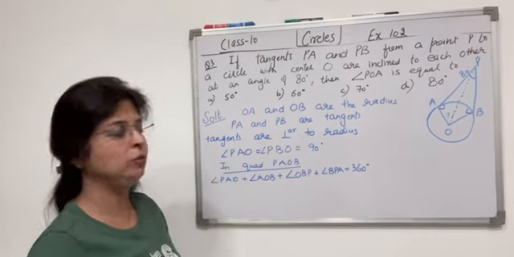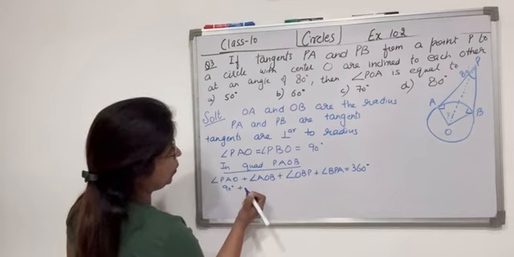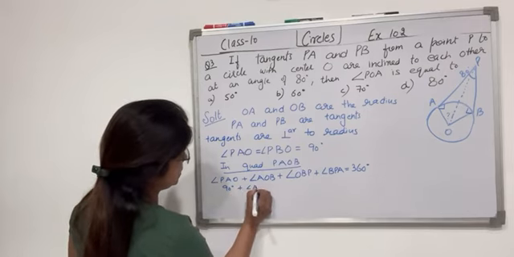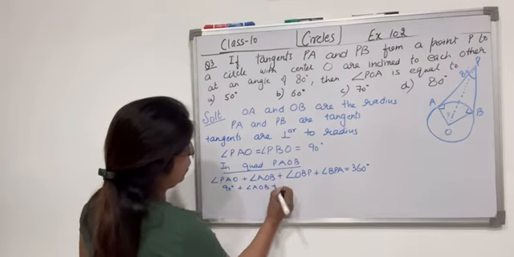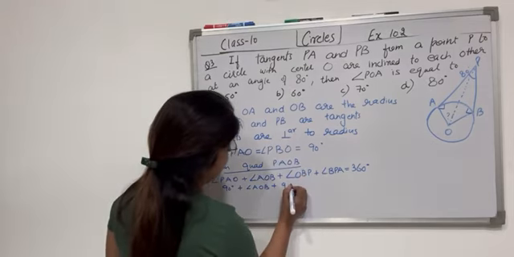Now let's put in the values. What is given? PAO is 90 degrees. AOB is something which we don't know. OBP, the angle B, is again 90 degrees.